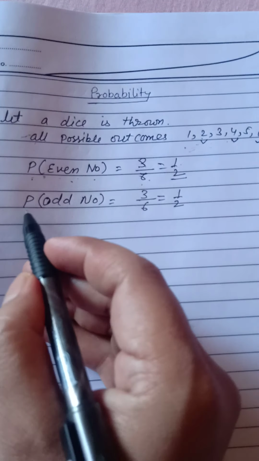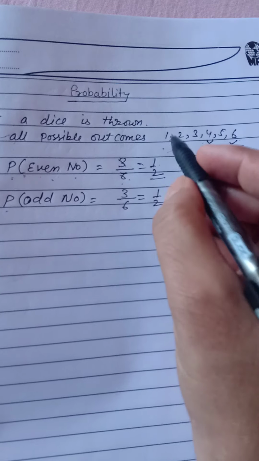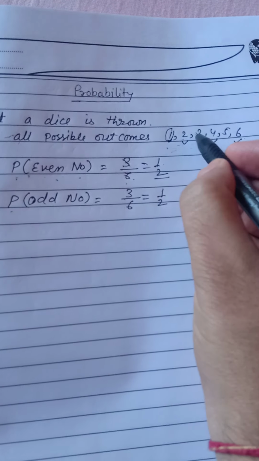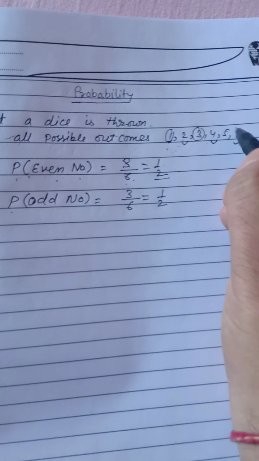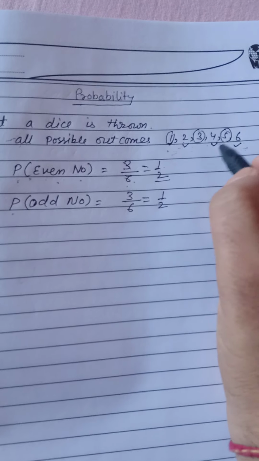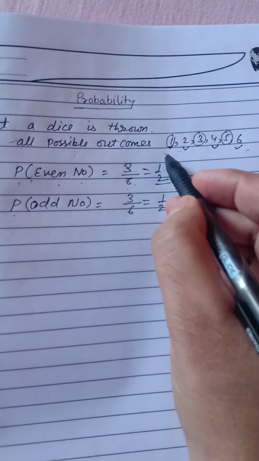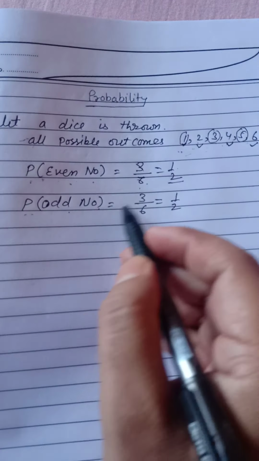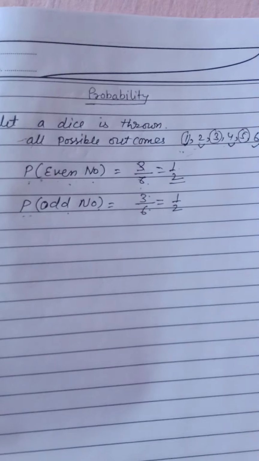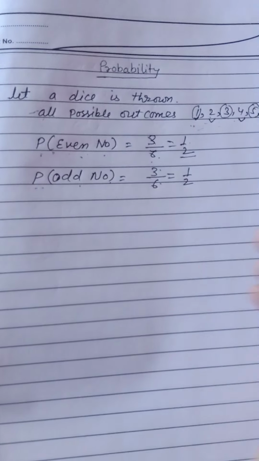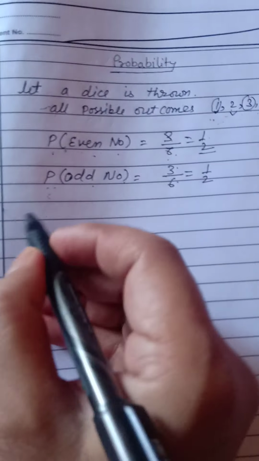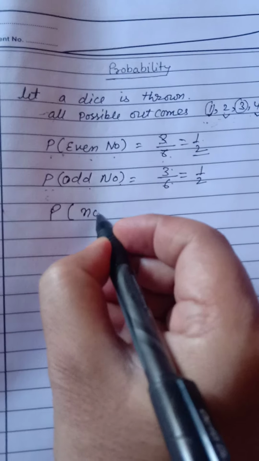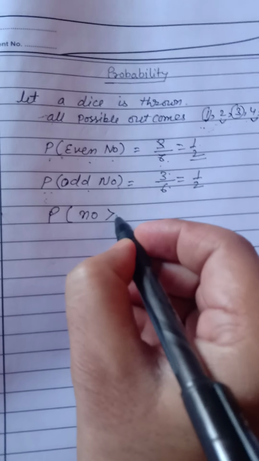Now we can also find the probability of an odd number. There are three odd numbers, 1, 3 and 5, which favor the event. So 3 upon 6 is the probability, that is 1 by 2. Now suppose we are finding the probability of a number greater than 6.